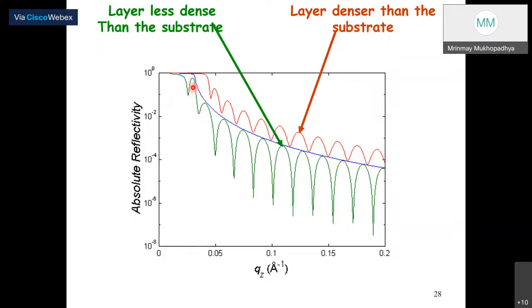The density means electron density. Okay, it's not the mass density, it's the electron density. So you will have a less dense medium like lipids, and then your peaks will have the convolution of your substrate reflectivity. So this kind of analysis is a quick way to define your film properties. And from these oscillations, you can determine the thickness, the density and the roughness, all this information.